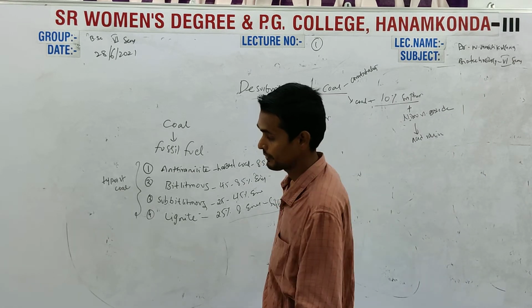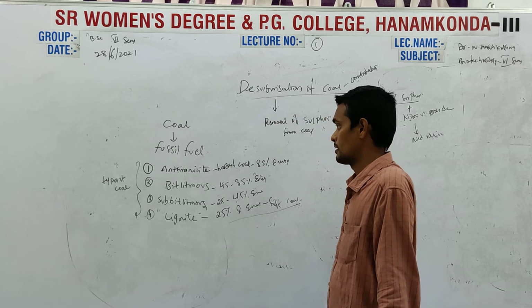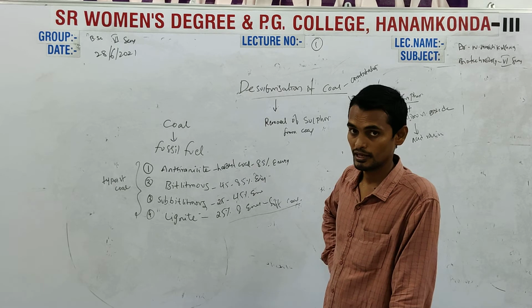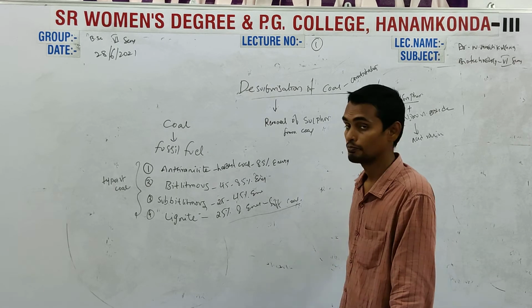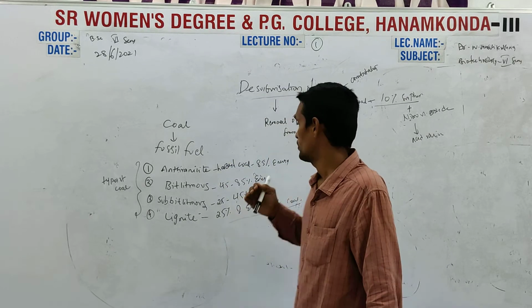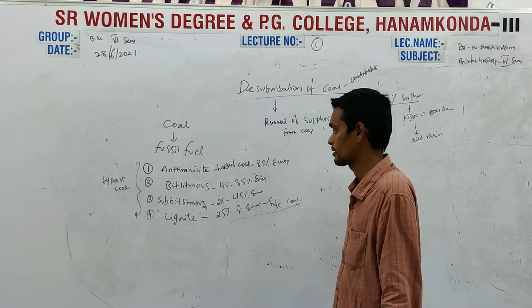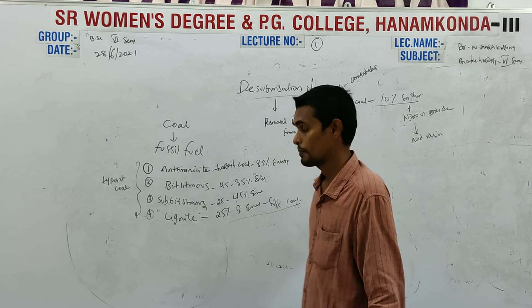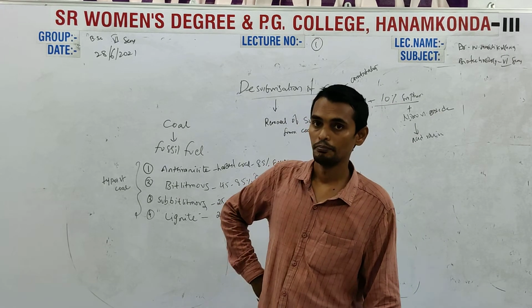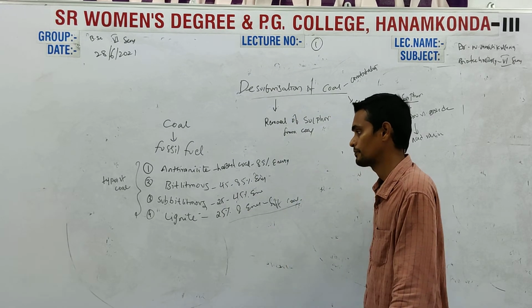Bituminous is the second category, which produces 45 to 85%, slightly lower than anthracite. The third one is sub-bituminous, which produces 25 to 45% of energy.